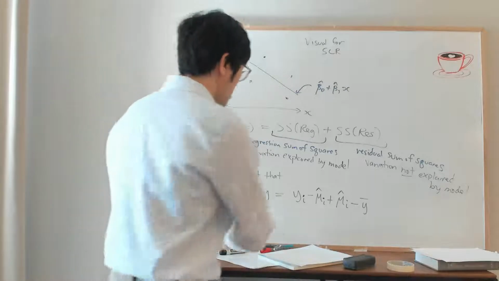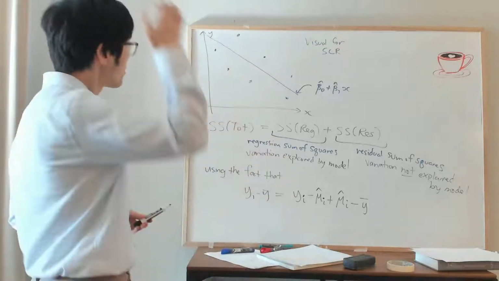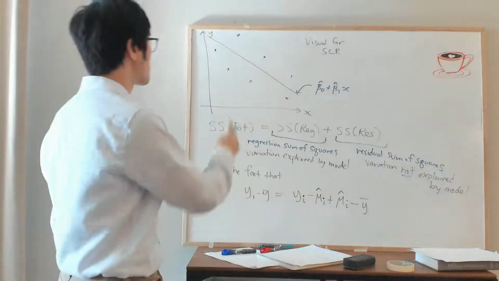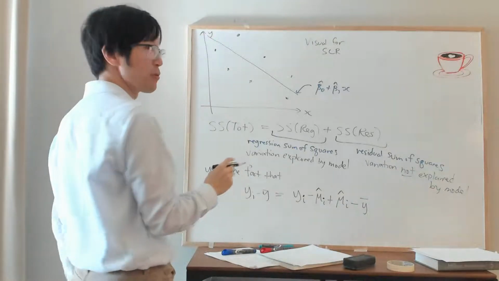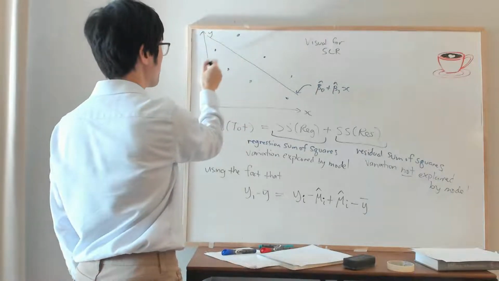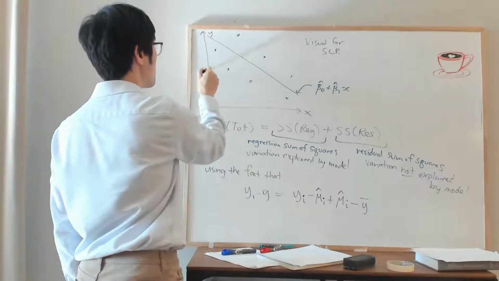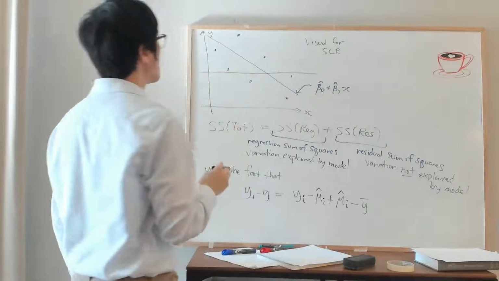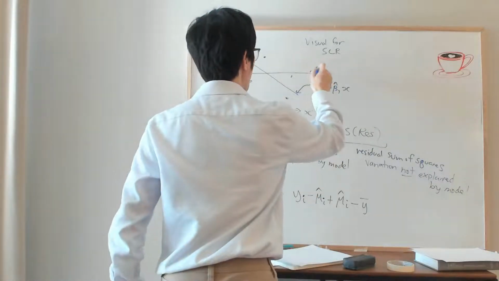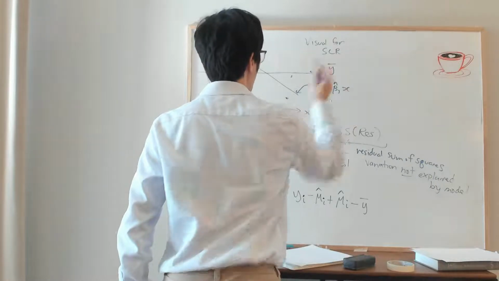Let's also add another line to the data. Let's plot y bar. y bar is simply the average of the values for y, so somewhere about in the middle here. We'll draw this line, the horizontal line y bar.